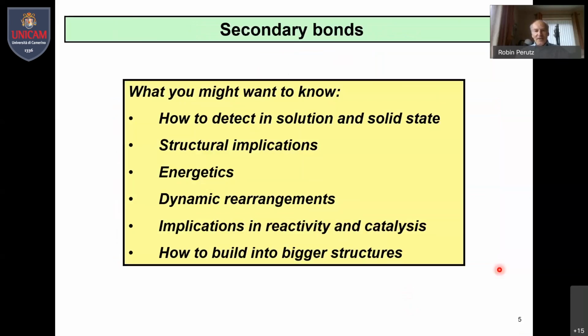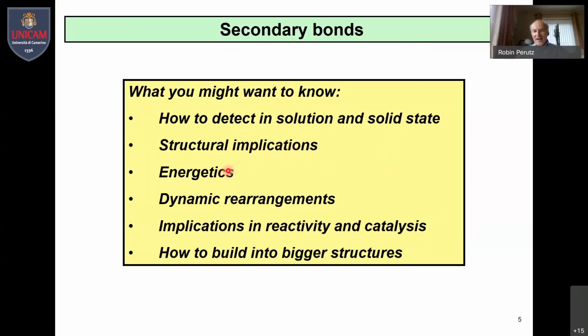So what would you like to know as a chemist about these secondary bonds? Well, there are a lot of questions you need to answer, and I certainly won't answer them all today, but I'll touch on most of them. First of all, you need to know how to detect them, both in solution and the solid state. We've already mentioned neutron diffraction. We need to understand what the structural consequences are of these interactions.